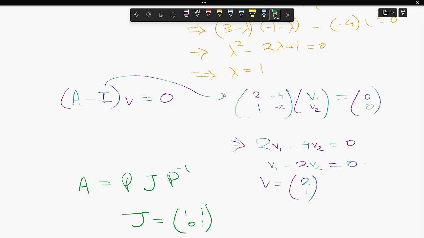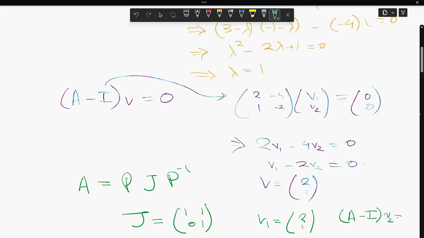So as our V1 is (2, 1), and after solving (A minus I) V2 equals V1, again we will get the same linear condition. That means 2V1 minus 4V2 is equal to 0.